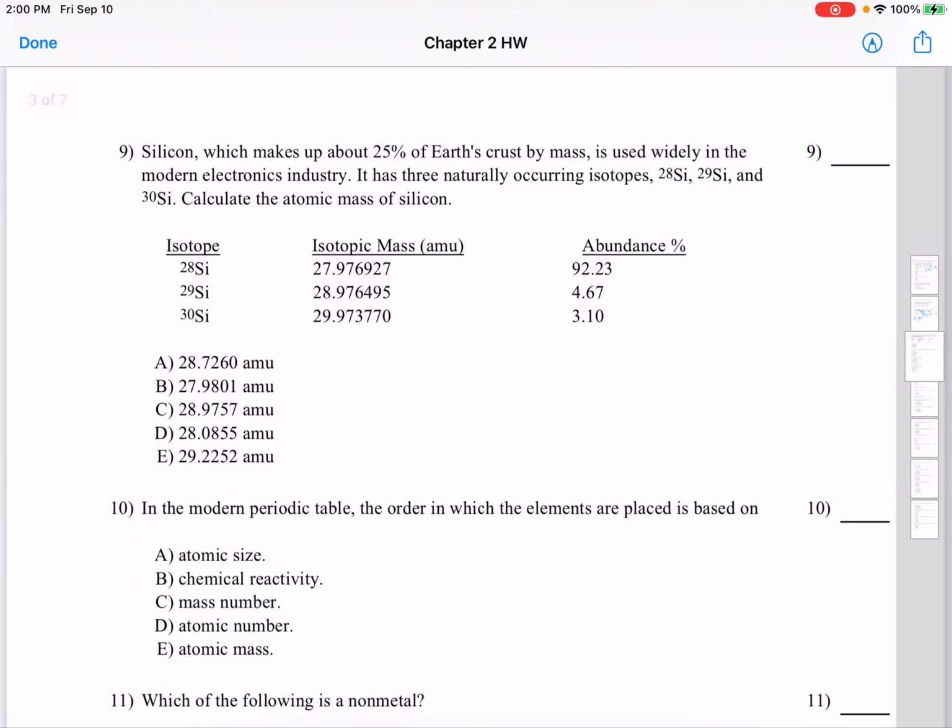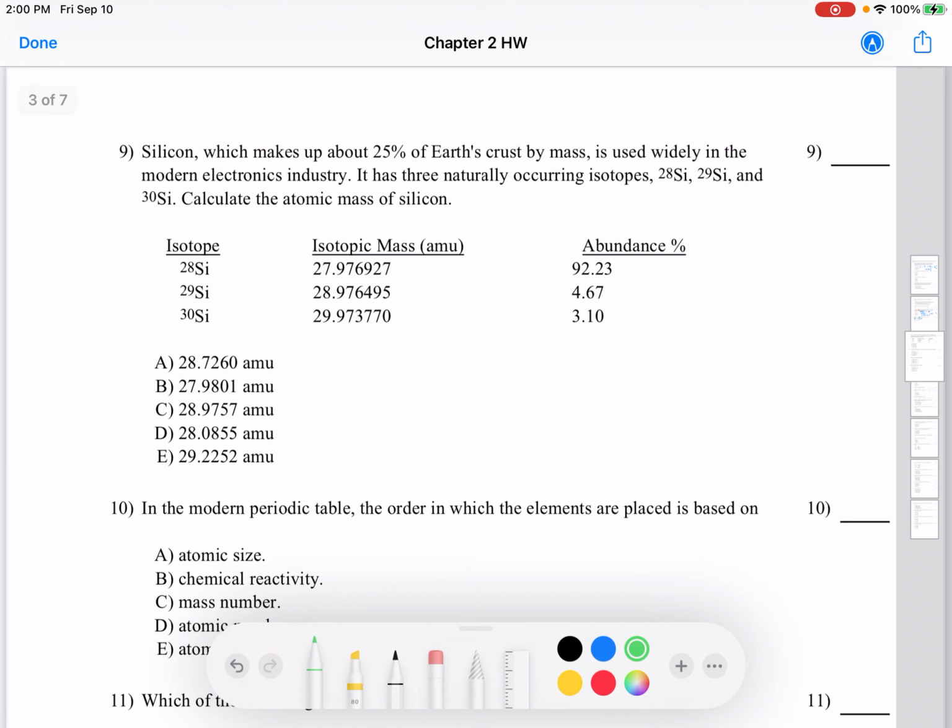Silicon, which makes up about 25% of Earth's crust by mass, is used widely in the modern electronics industry. It has 3 naturally occurring isotopes, silicon 28, 29 and 30. Calculate the atomic mass of silicon. And we are also given the percent abundance. So these are the isotopes, these are the masses, and then these are the abundances.